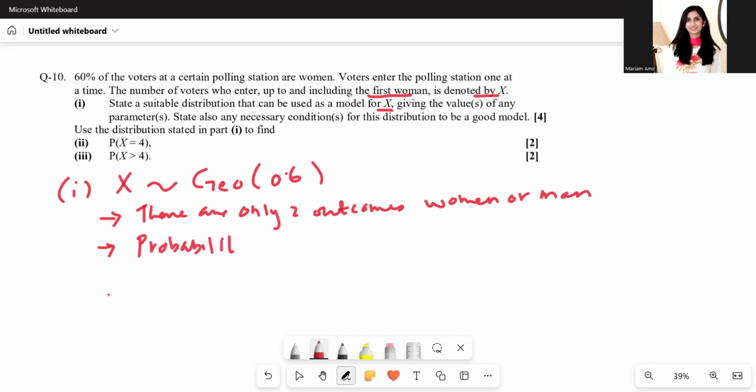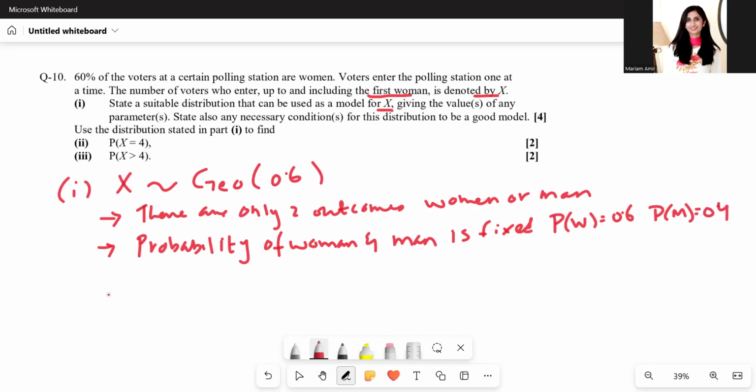Probability of woman and man is fixed. So the probability that it's a woman is 0.6. The probability that it's a man is 0.4. You can write that down. And it always stays the same throughout the question.